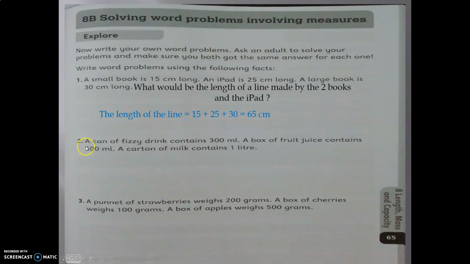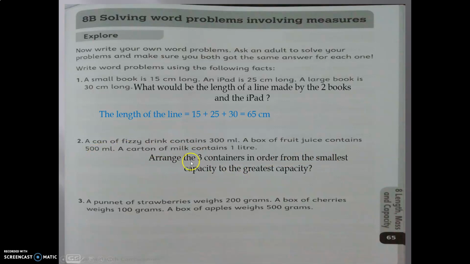Number 2, a can of fizzy drink contains 300 milliliter. A box of fruit juice contains 500 milliliter. A carton of milk contains 1 liter. So what will be the question we will make here? Arrange the 3 containers in order from the smallest capacity to the largest capacity.